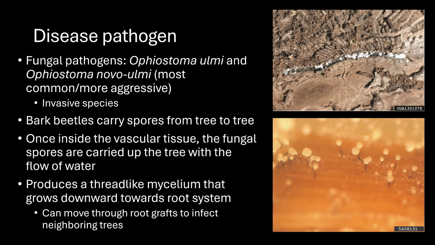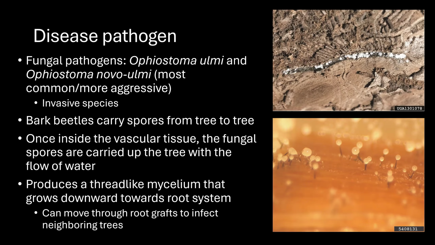In its scientific name, the ulmi, you're understanding that it's specifically impacting those elm trees. With that particular fungus, it is a problem. It is here now. It was brought over into the US, just like with many other types of pests and disease pathogens, and so it's left a lot of our tree species vulnerable.